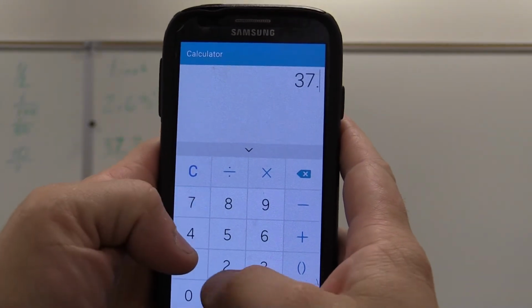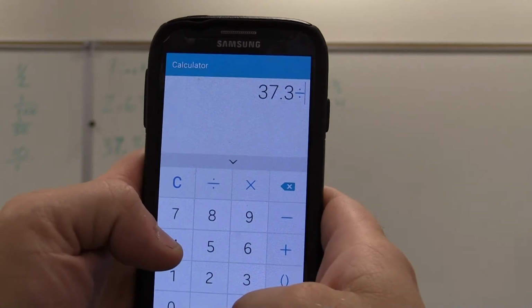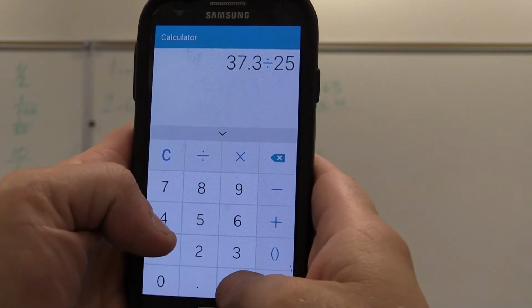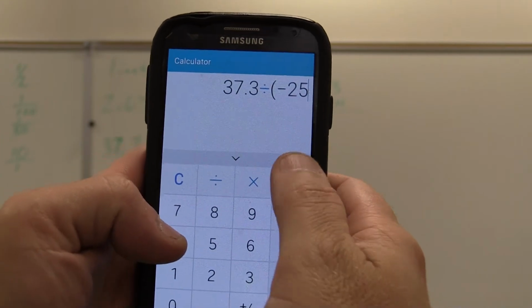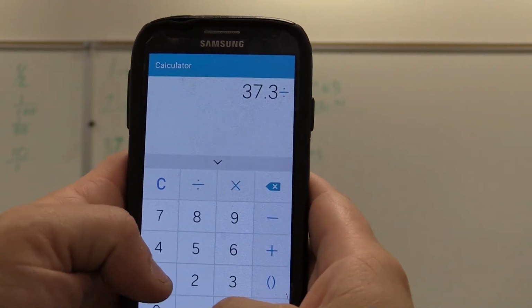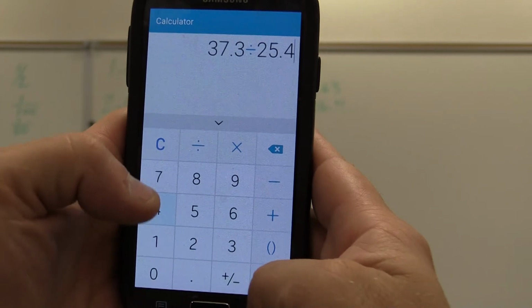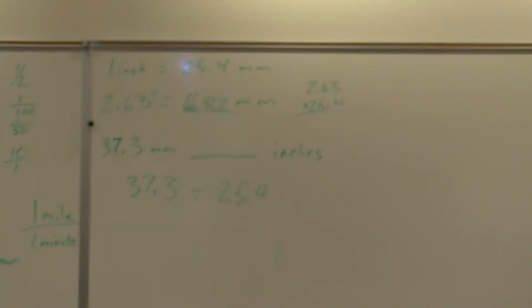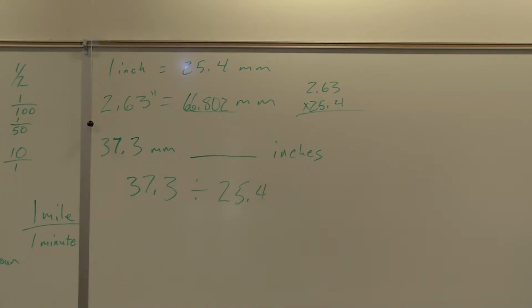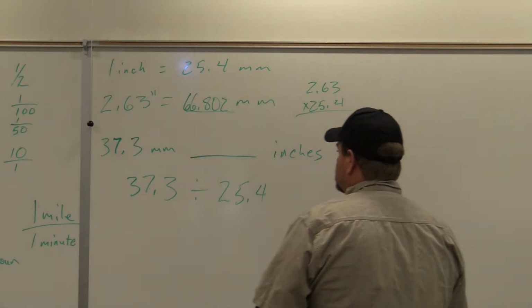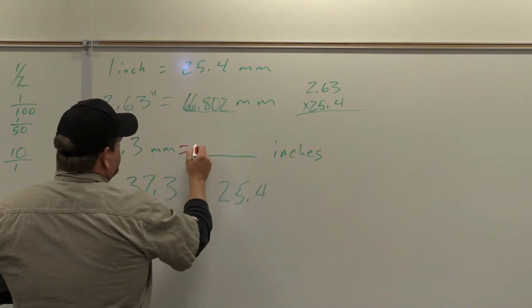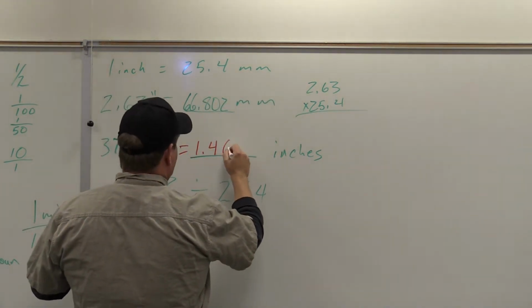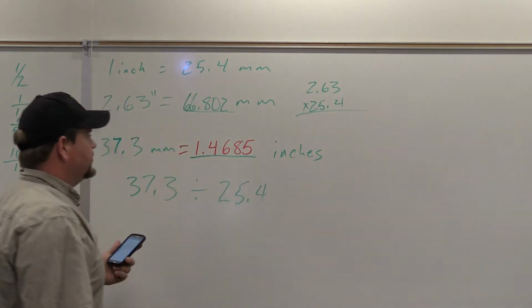So 37.3 divided by 25.4 is 1.4685 inches.